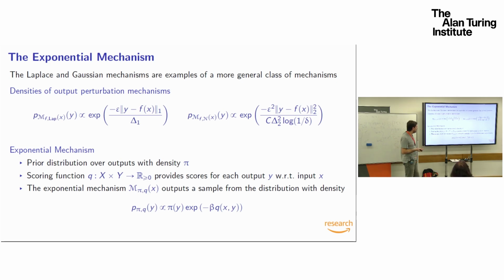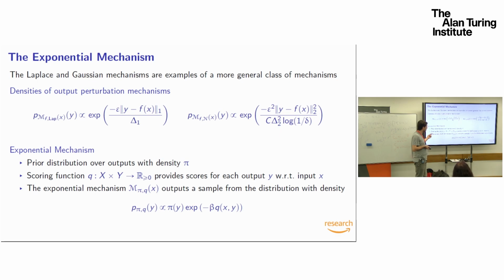In the exponential mechanism, you have something that is not necessarily induced by the mechanisms, which is a prior. So you say, I have a prior over my outputs, a prior that has density pi. It says I prefer outputs that are small to outputs that are big, but it's data independent. You fix it ahead of time.